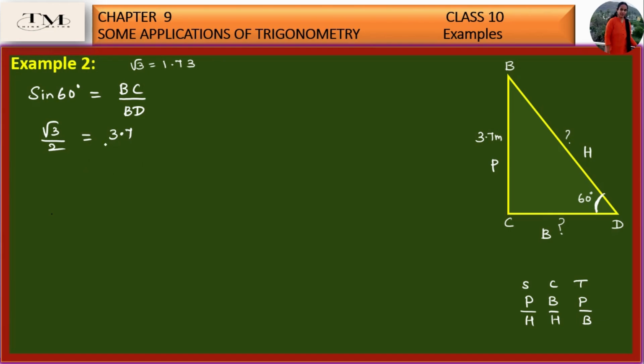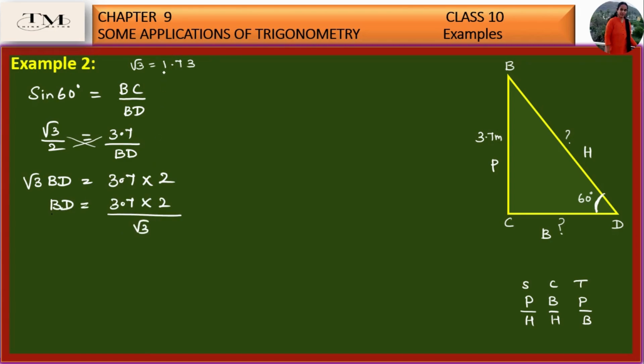It is 3.7 divided by BD. Just cross multiply. So root 3 into BD equal to 3.7 into 2. So BD will be equal to 3.7 into 2 divided by root 3.